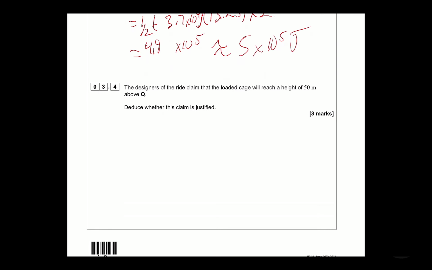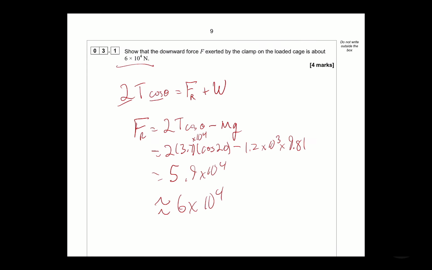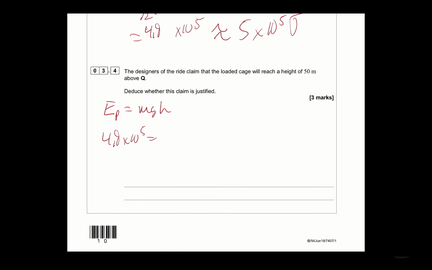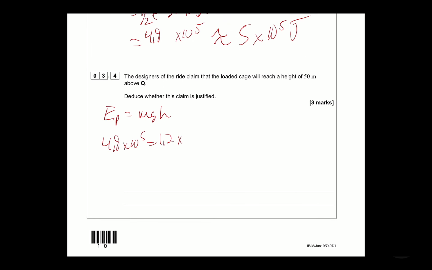So let's take a look. If all of that energy gets turned into gravitational potential energy, well, mgh, so 4.9 times 10 to the 5 is equal to, let's not make some mistakes again, 1.2 times 10 to the 3 times 9.81 times h.